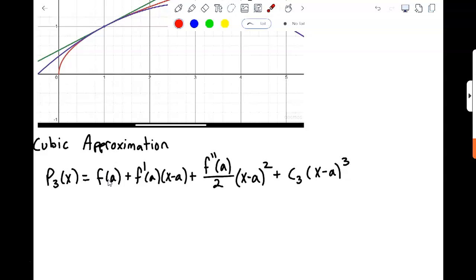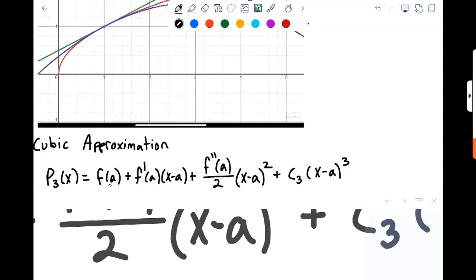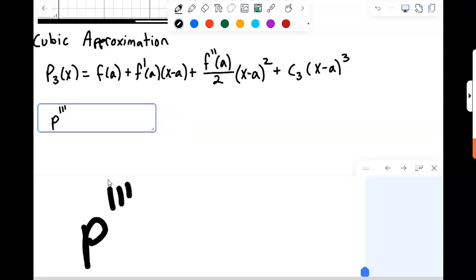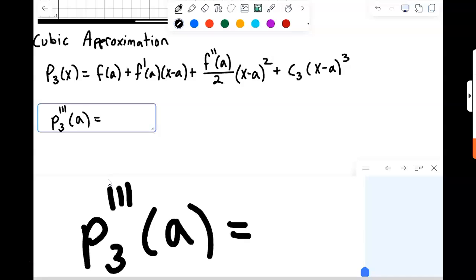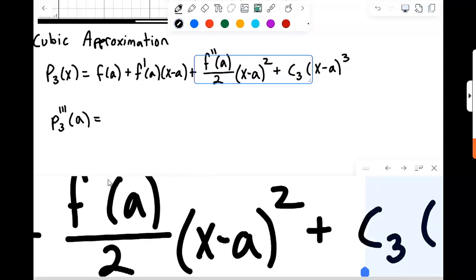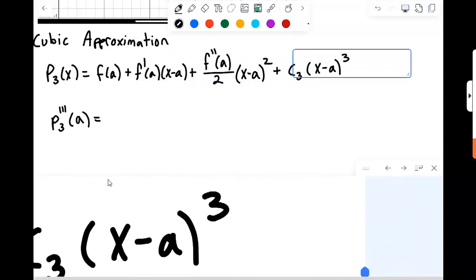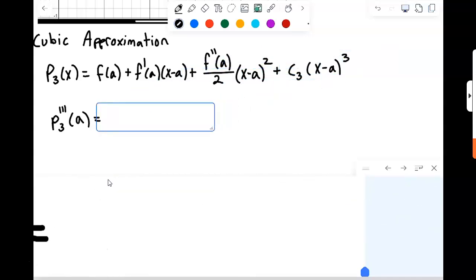So if we did the third derivative of P3, we would like that to be F triple prime of A. So P3 triple prime of A. If we did the derivative 3 times, all these things are going to go to 0. So the derivative of that would be 3 times that stuff squared, then you'd multiply by 2, and then you would multiply by 1.